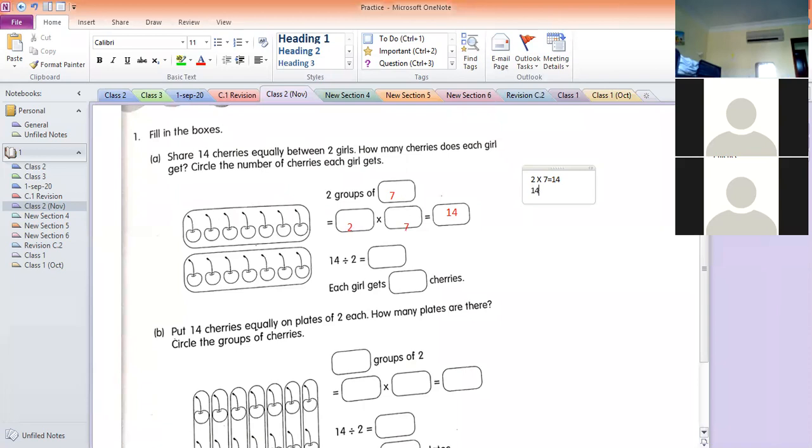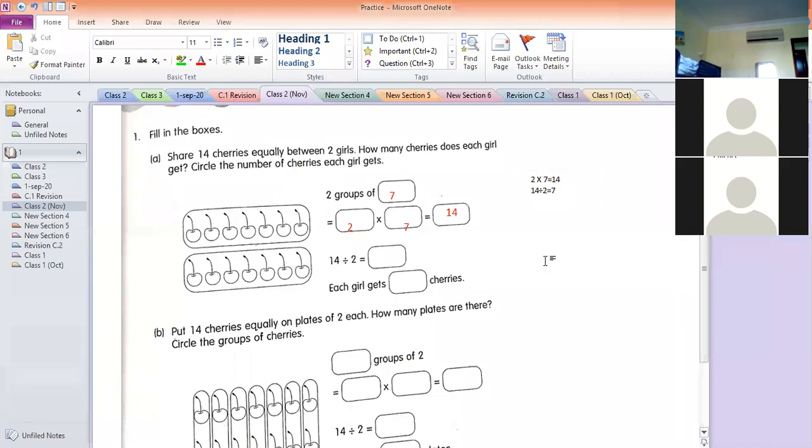So if I divide 14 by 2, what will be the answer then? 7. Okay.